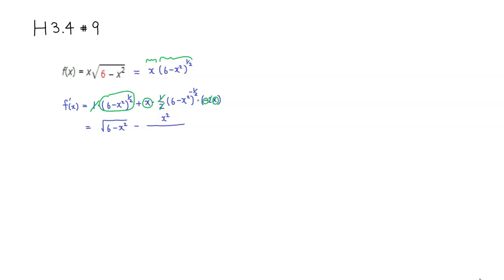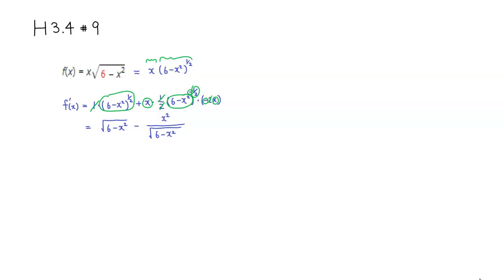Then because of the negative power, we're going to put this guy on the bottom. So you have 6 minus x squared, and we still have a 1/2 power, so that will be a square root. So we took care of everyone.